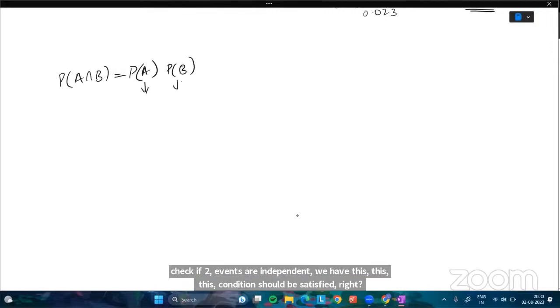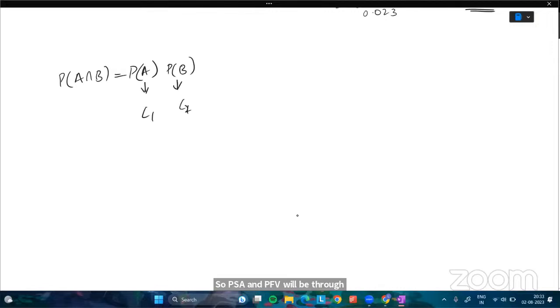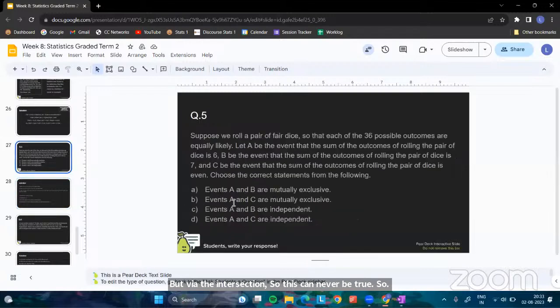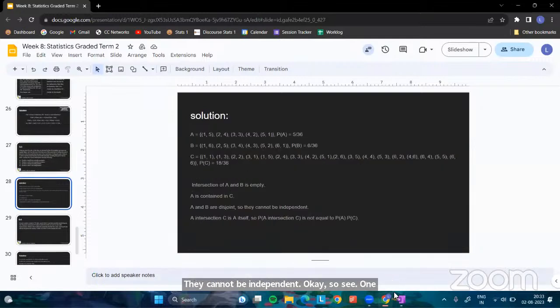P of A and P of B will be two constants, C1 and C2, and they won't be equal to 0. But P of A intersection B will be 0. So this can never be true. They cannot be independent. Okay, so C is wrong, everyone. Just because they're mutually exclusive does not mean they're independent.